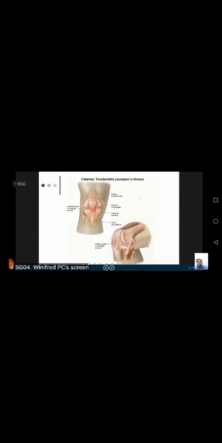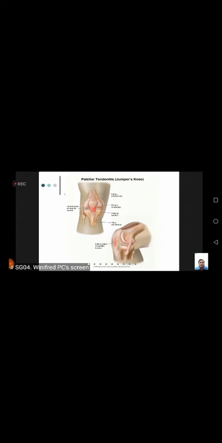Why does this inflammation occur? It is because of the friction around the patellar ligament. Why does this friction occur? It is because certain nearby muscles become tight and certain muscles become weak.